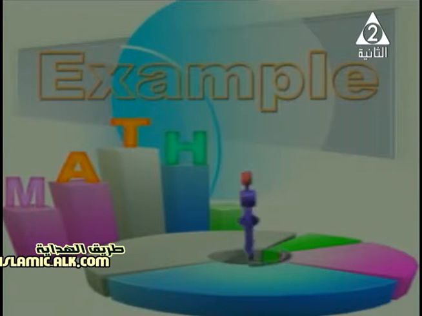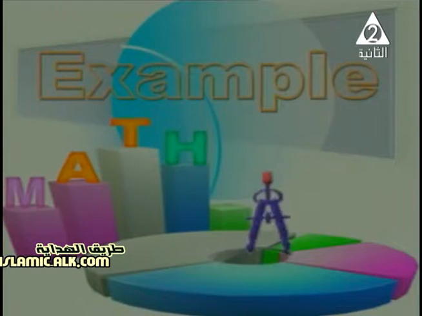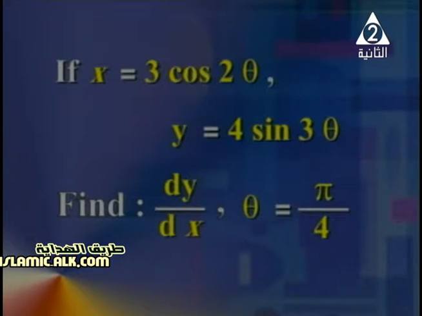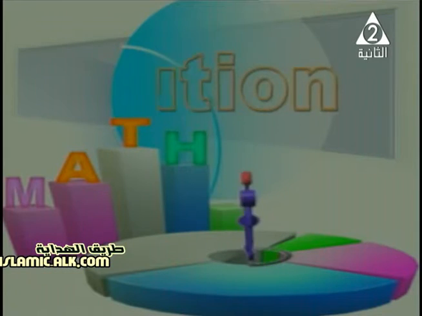Now, dear student, we move to an important example. If x equals 3 cosine 2 theta, y equals 4 sine 3 theta, find dy over dx at theta equals what? Pi over 4. What do you mean by pi over 4? 45 degrees. Look at the solution.